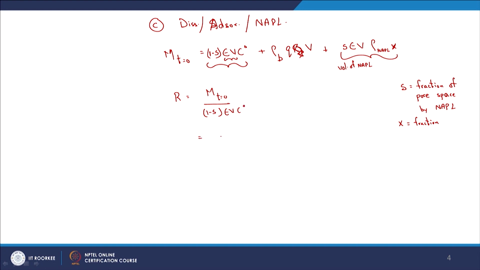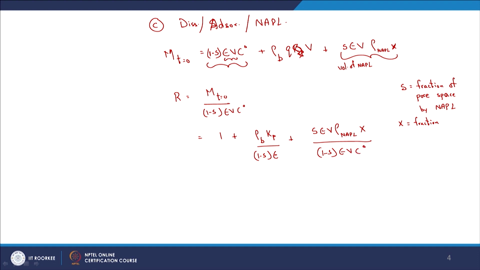So that is equal to 1 plus rho b Kp, since Q is nothing but Kp times C naught, divided by 1 minus S times porosity, plus S times porosity times volume of NAPL times the mass fraction of contaminant present in NAPL, divided by 1 minus S times porosity times V C naught.